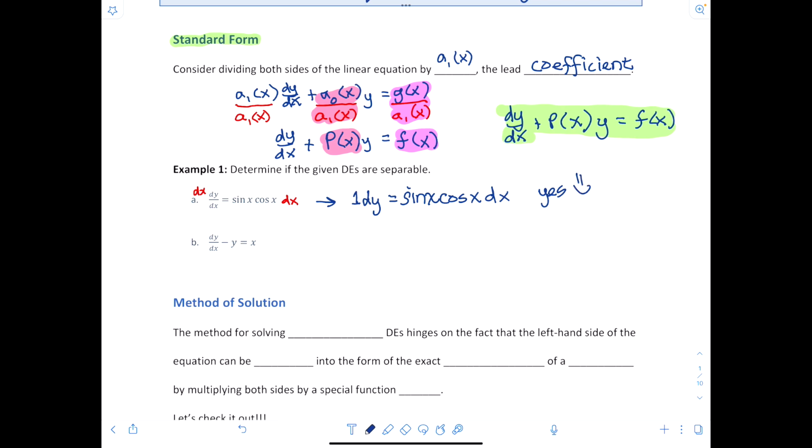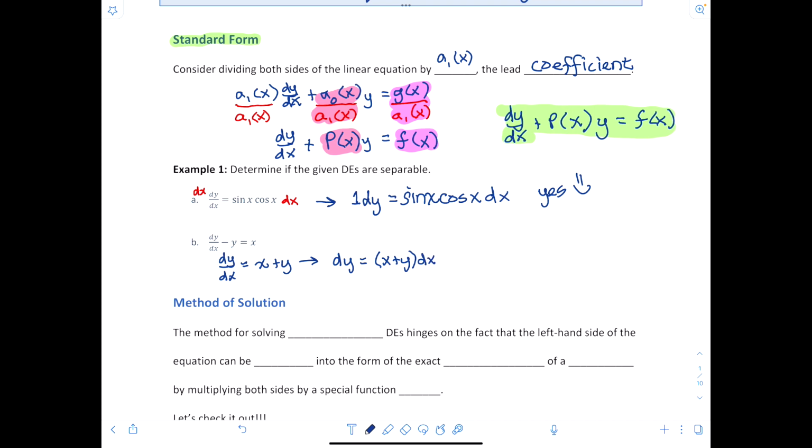What about this next one? Okay, well, dy/dx minus y equals x. So if I isolate dy/dx by adding y to both sides, I'll get this. And then if I multiply both sides by dx, I'll get dy equals the whole quantity x plus y times dx.